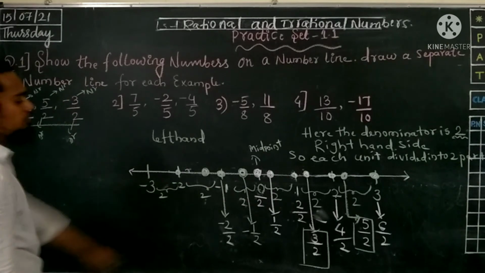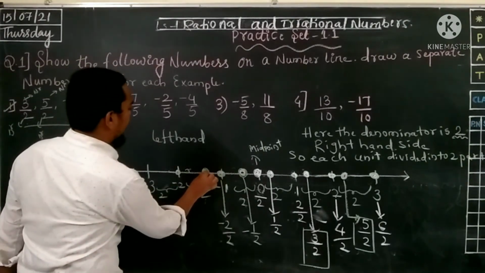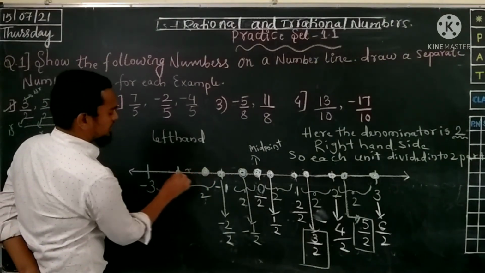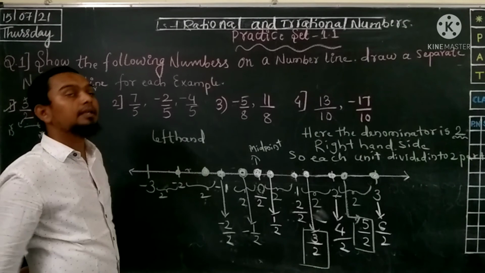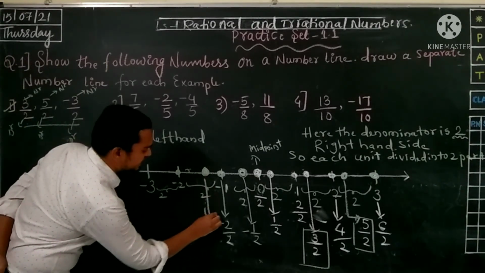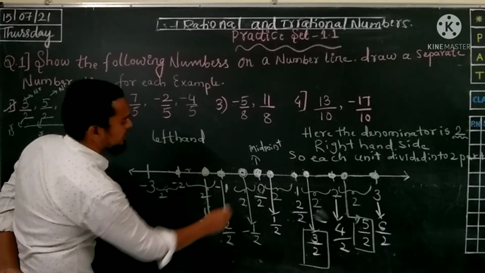We will leave minus 1. Now we will point out the first unit and this one is the second unit. This is considered as minus 3 point.